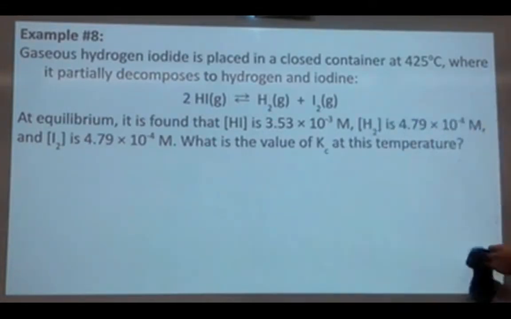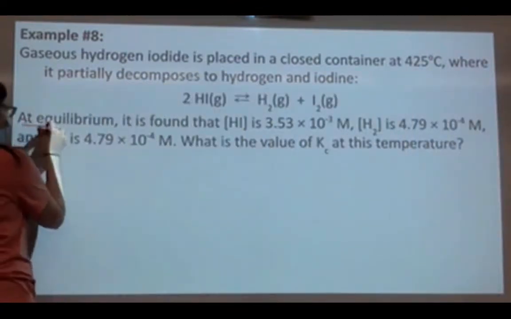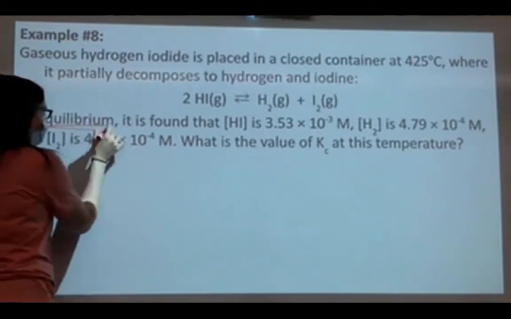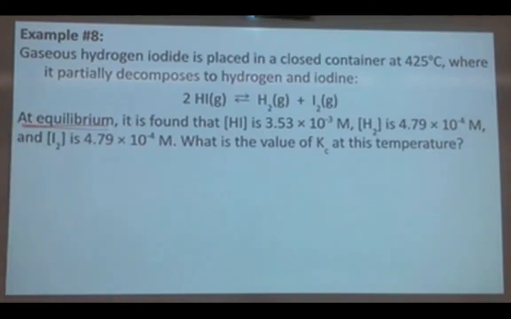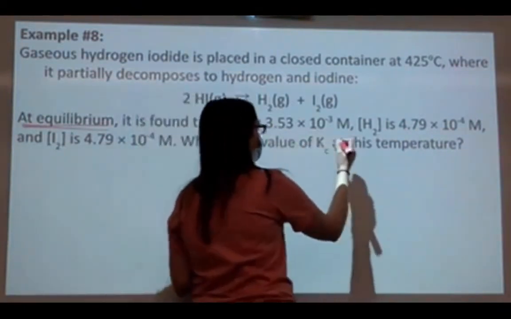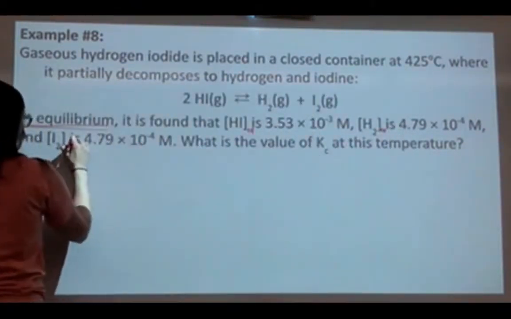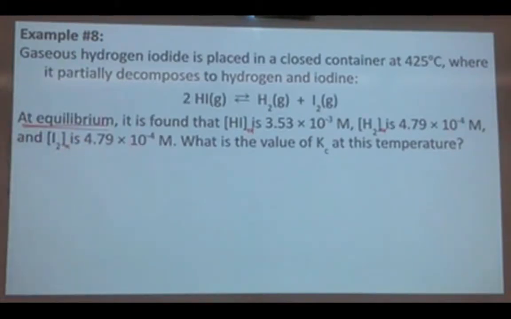At equilibrium, it is found, and they give us the concentrations. So at equilibrium means that all of these concentrations are equilibrium concentrations. Equilibrium concentrations are the ones that you have to plug into the K expression.